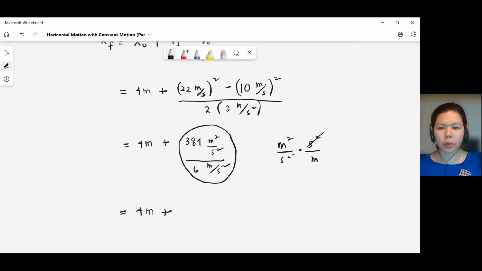Cancel second squared over second squared. Meter squared over meter, we are left with meter. So 384 divided by 6 meters is 64 meters for the second term. 4 plus 64 is 68 meters.